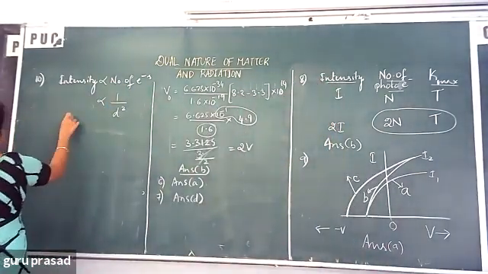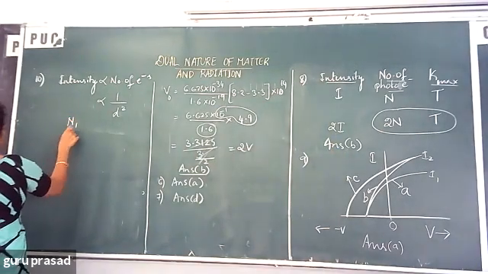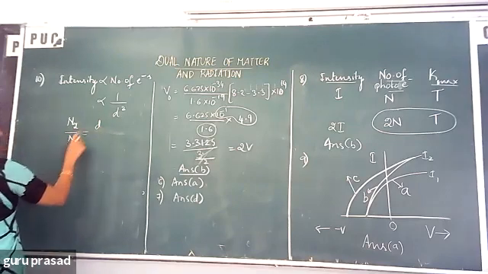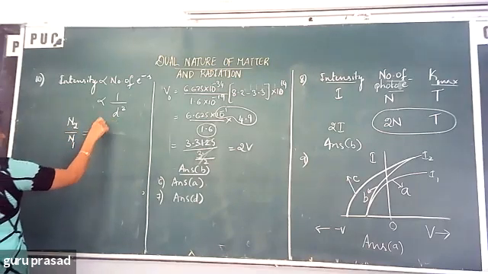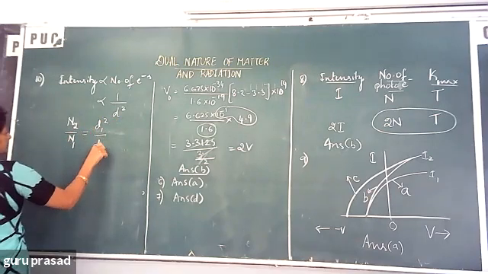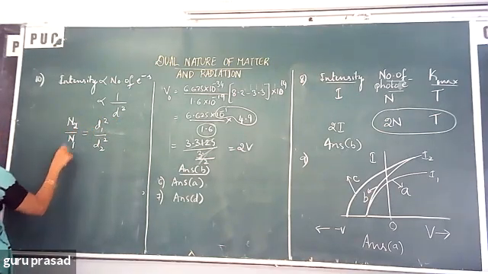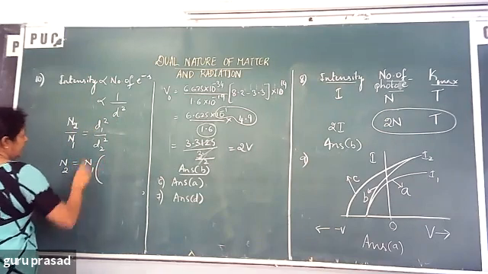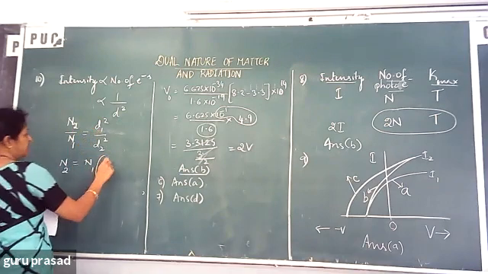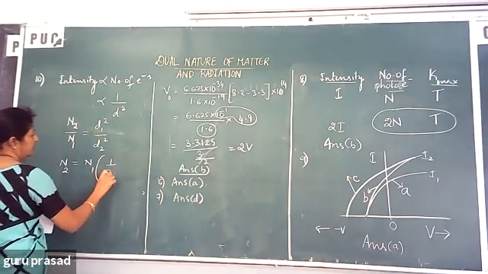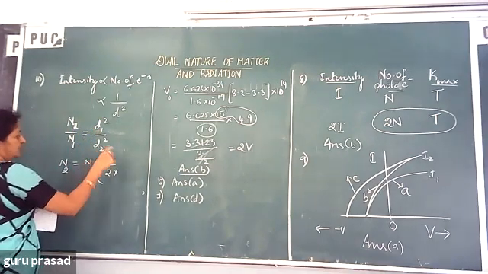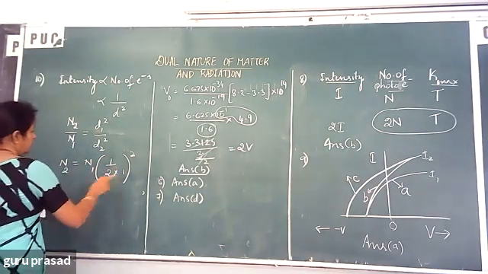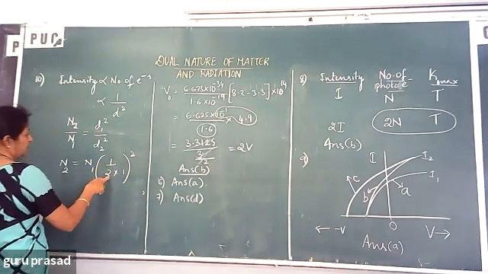The number of electrons, N2 by N1, is inversely proportional to the square of the distance, D1 square by D2 square. You want N2. N2 is equal to N1 into the initial distance, half meter, divided by D2, which is 1 meter, whole square. The 1 cancels, and square of 2 is 4.